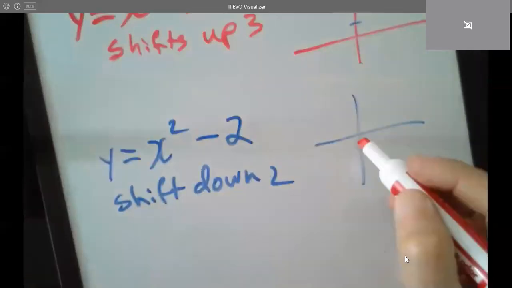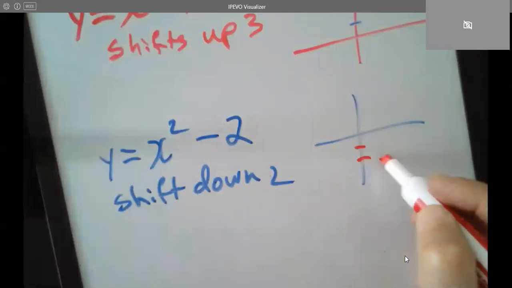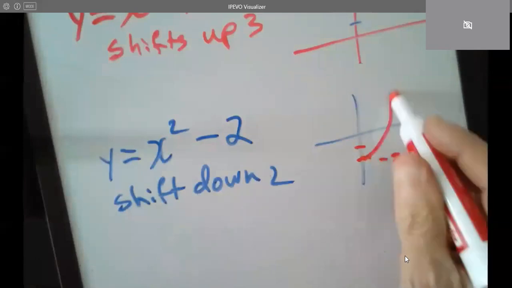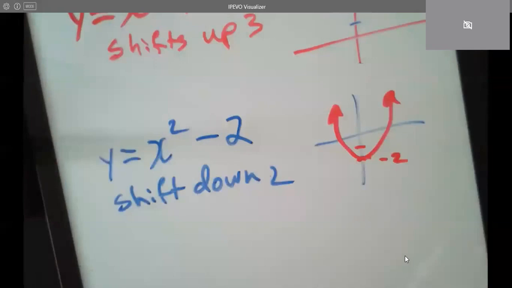So this vertex is at 0, -2. And now that's what that graph looks like. Okay. So transformations are a real good way to graph different types of graphs very quickly.